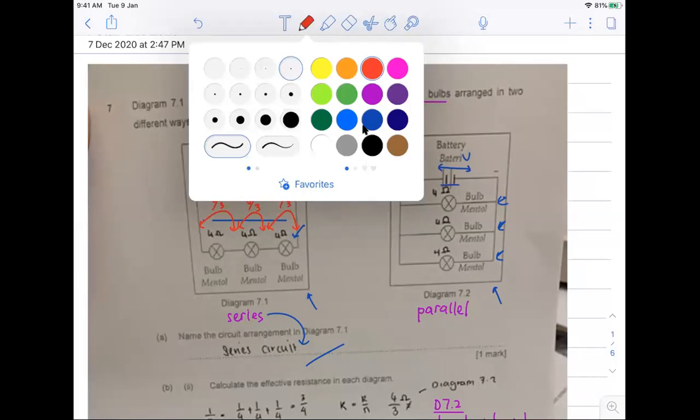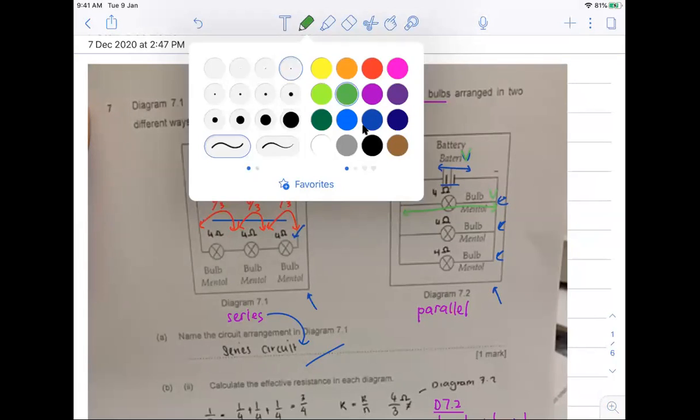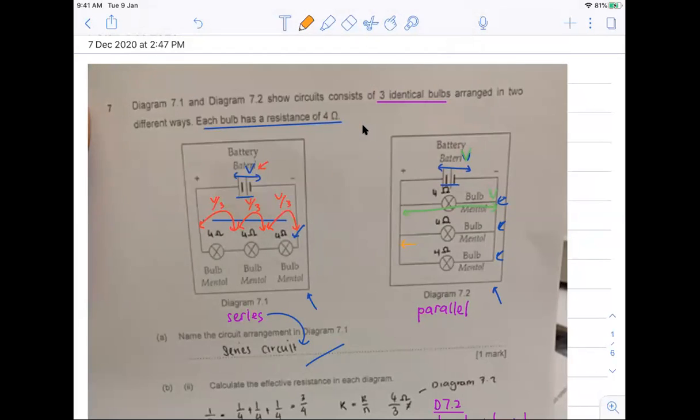On the other hand, for the parallel connection, let's say the voltage is V. All the bulbs here will get the V voltage. All 3 bulbs will get V.